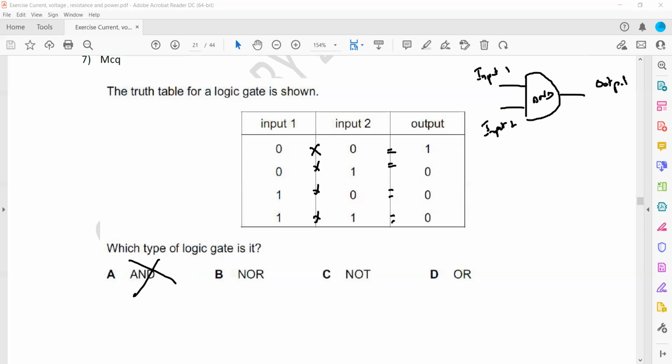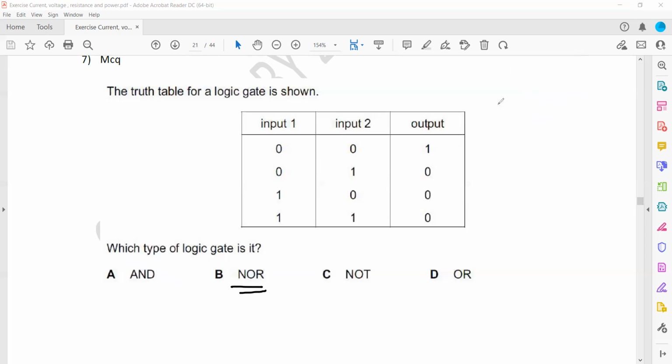Then we check the second option. Second option is NOR gate. What is the meaning of NOR gate? It's a combination of OR and NOT. That's called a NOR gate. And how do we get the result of the NOR gate? This is input 1, input 2, and output.